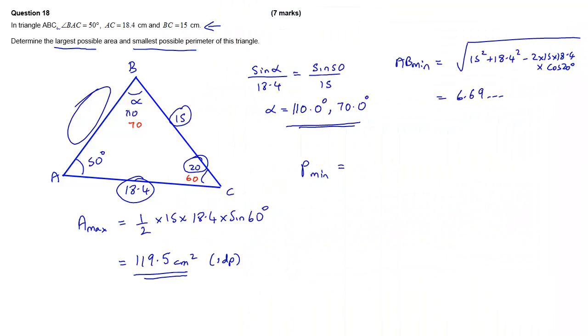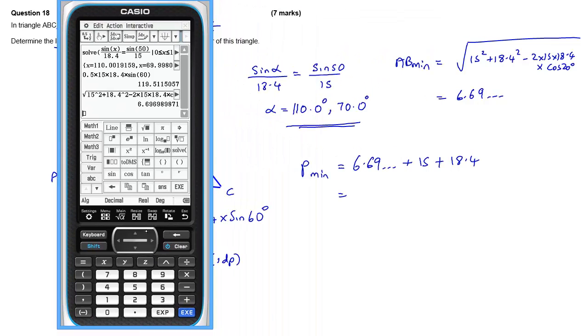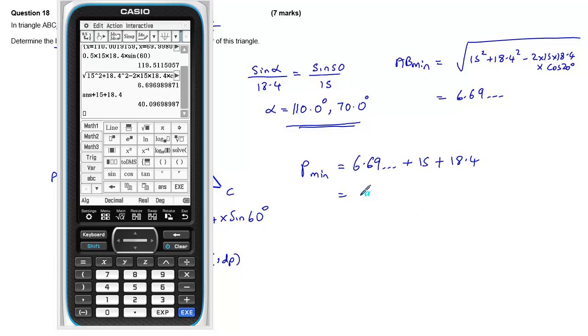And so my perimeter is going to be the 6.69 added to the 15, added to the 18.4. So last answer, add 15, add 18.4, and that's 40.1 centimetres to 1 decimal place.